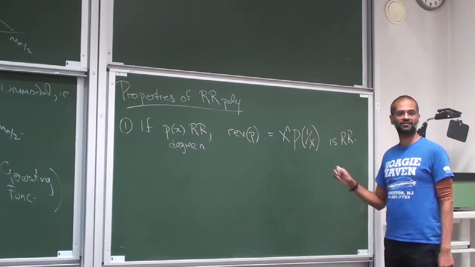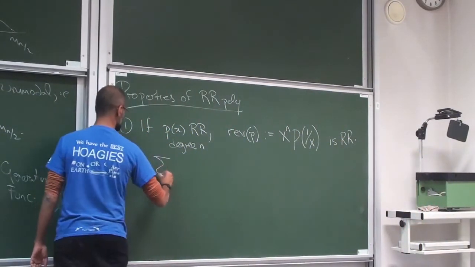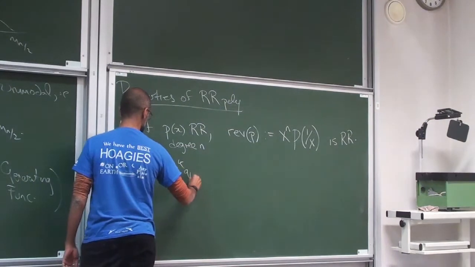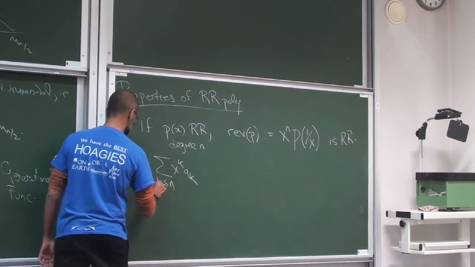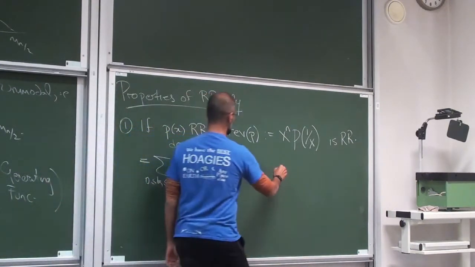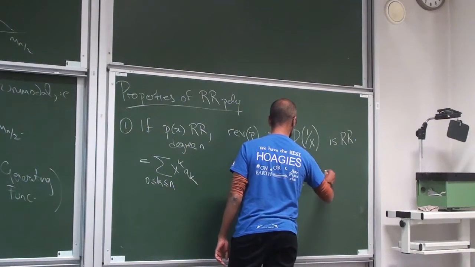Literally, if p is the summation of x to the k times a k, then the reversal is literally the same thing, but it's x to the n minus k.